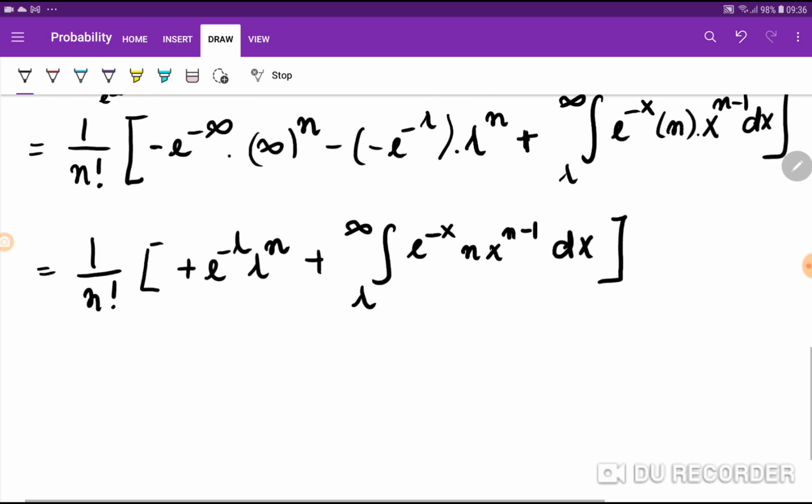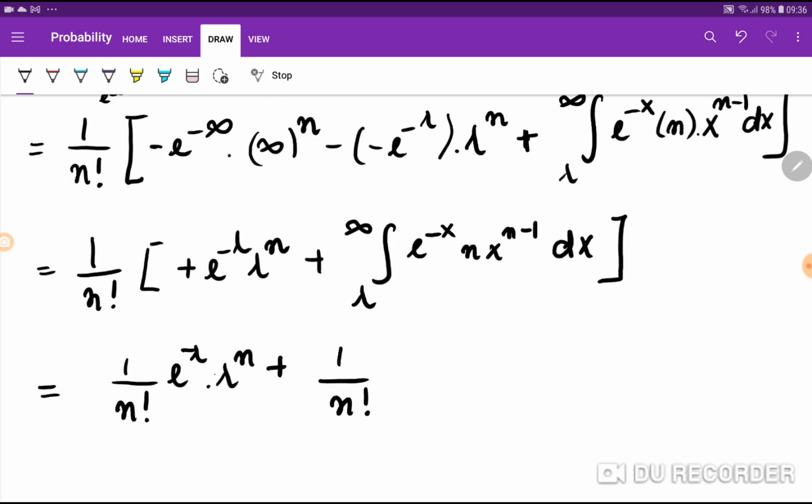Now I'm gonna put the n outside, because n is a constant, or in other words, n is not a function of x. So I'm gonna put n outside the integral from lambda to infinity of e to the power negative x times x to the n minus 1 dx.